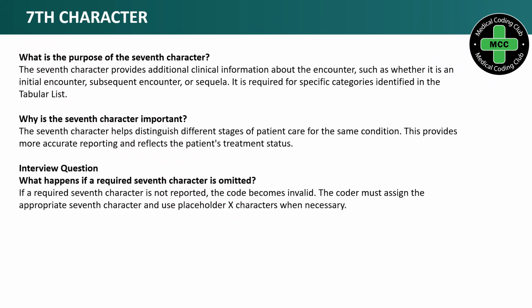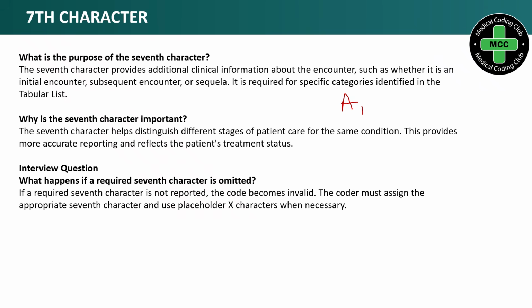So next, the 7th character. You can see that the 7th character provides additional information about the encounter, such as initial encounter, as I mentioned, character A, and alphabets D and S, and we do have a lot of other alphabets that we use in the 7th character based on the Gustilo classification, which you can learn in the injury chapter.